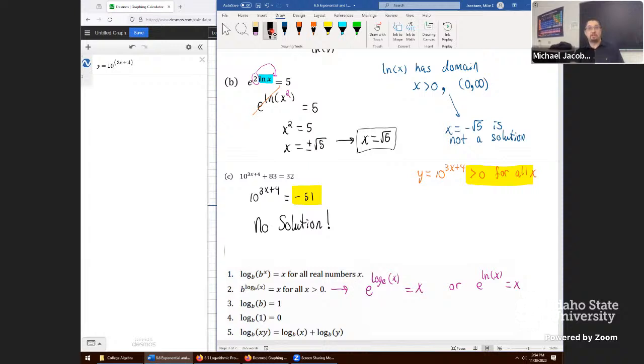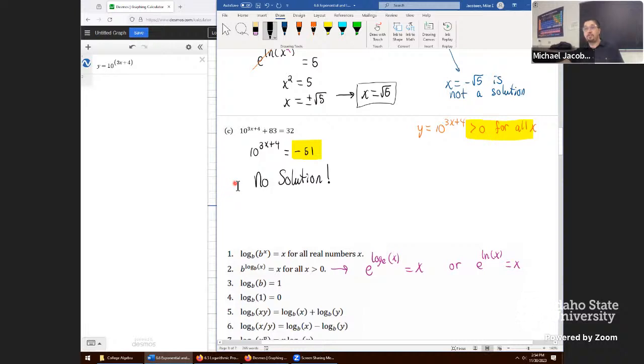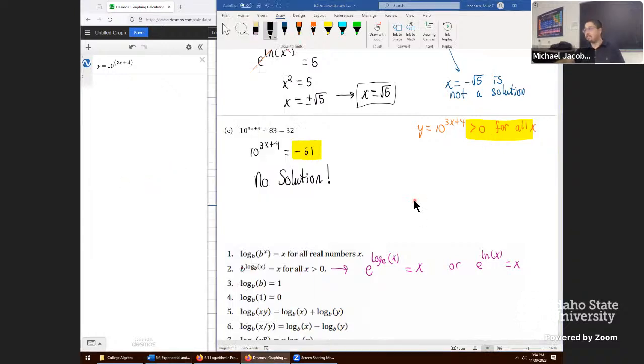That deserves an exclamation mark because that's really kind of tricky. I'm explaining why it has no solution by thinking of this as an algebraic property, or considering the graph as never negative. But let's take a look at it from a different point of view as well.